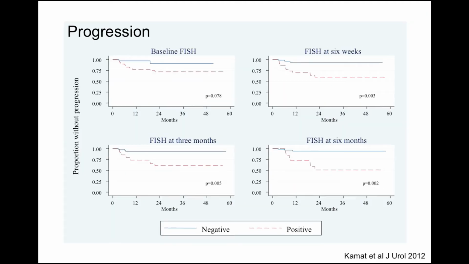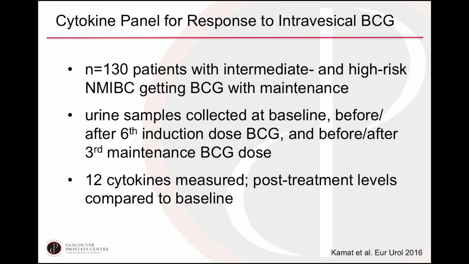I'll just skip over these for the sake of time. Also from the same group, from Ashish Kamat at MD Anderson, they've looked again at patients receiving BCG for high-risk disease, also intermediate-risk disease. They've looked at the urine at baseline before starting treatment, and then before and after BCG treatments, the 6th induction and the 3rd maintenance dose.